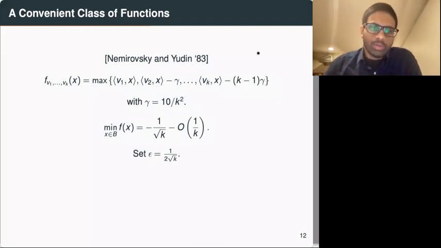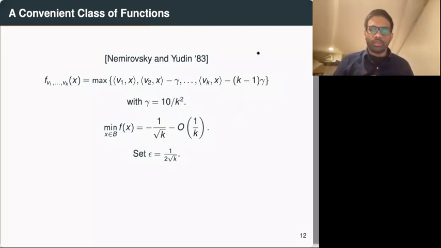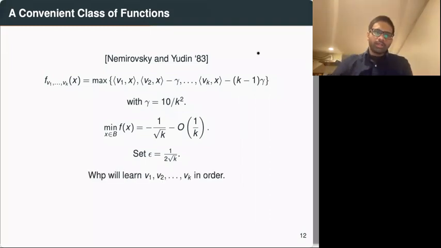So if we set epsilon to be 1 by 2 square root k, we're still solving the same task. We still want an x for which each vi inner product x is smaller than -1 by 2 square root k. But the reason this change helps so much is that we're going to start to learn these vectors in order. So in our first query, as before, each of these inner products is going to be at most 1 by k squared.